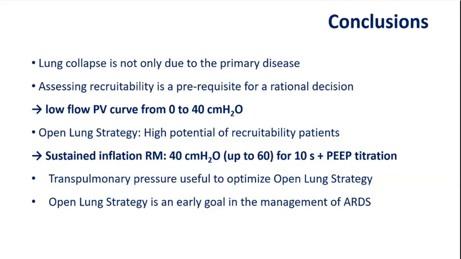We should keep the open lung strategy only for the patient with a high potential for recruitability, which is to perform a recruitment maneuver from 40 to 60 centimeters of water for a short period of time, plus a PEEP titration. In this process, using transpulmonary pressure, I think, is very useful and can improve the understanding for the most severe patient. And finally, all of this, I think, should be an early goal in the management of RDS.